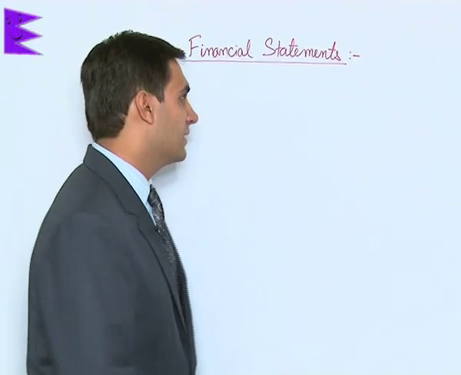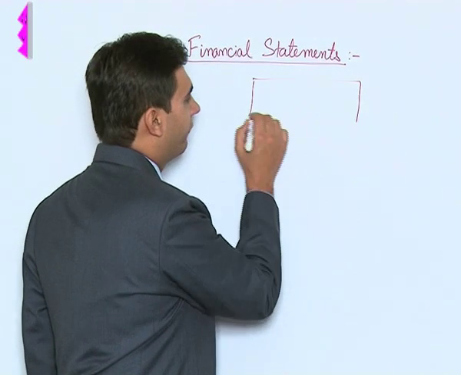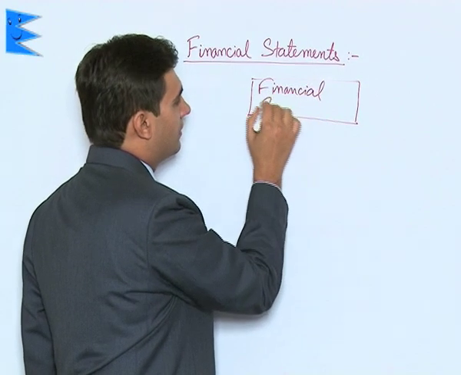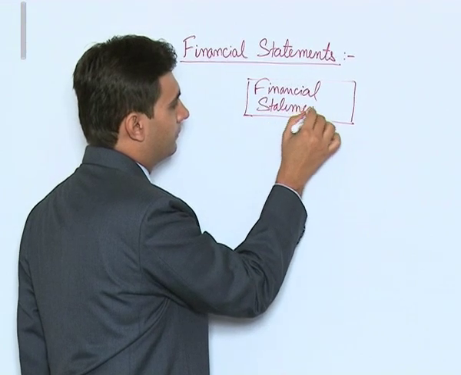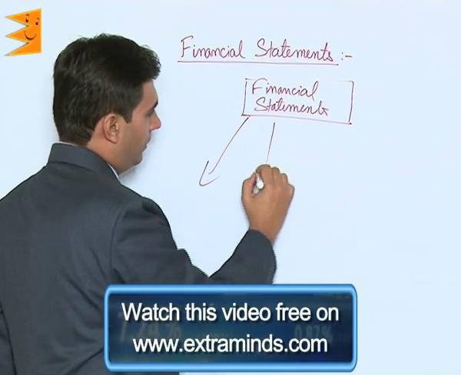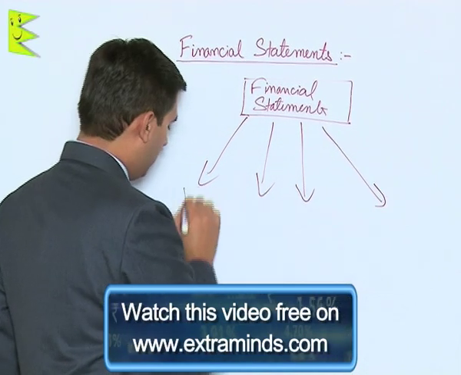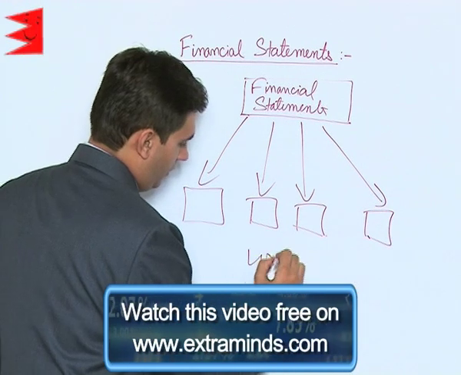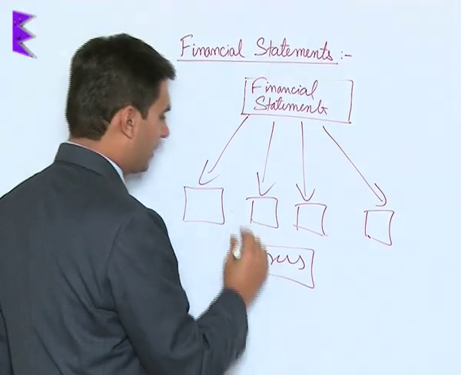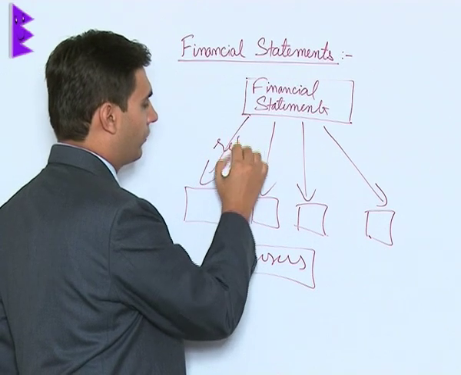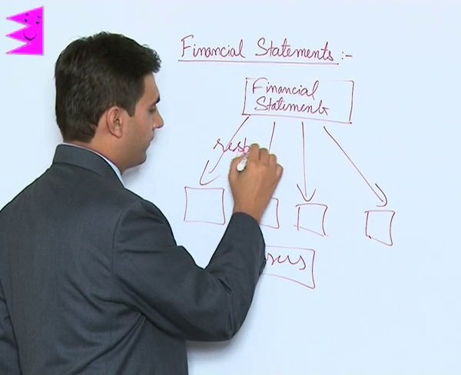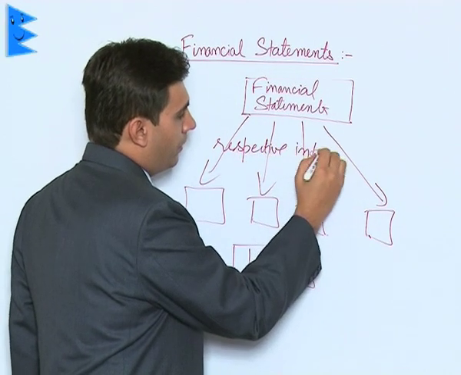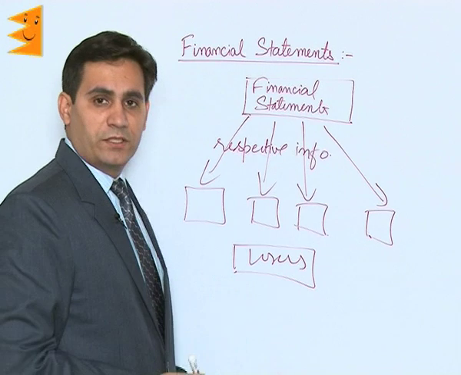So, what a business does is that it prepares a set of financial statements, and different users then gather their information, or what we call respective information, from these financial statements.